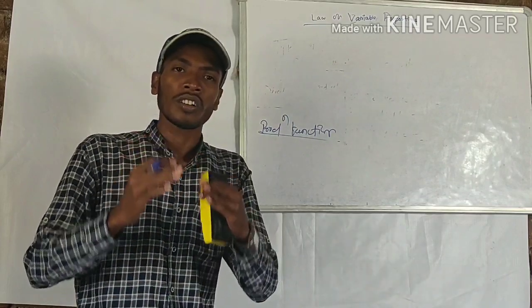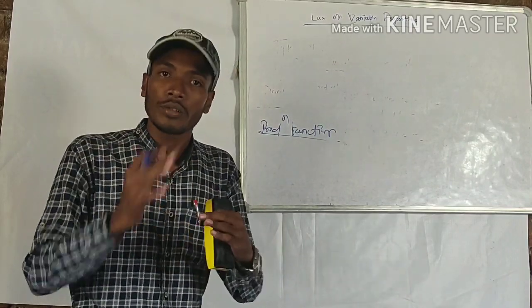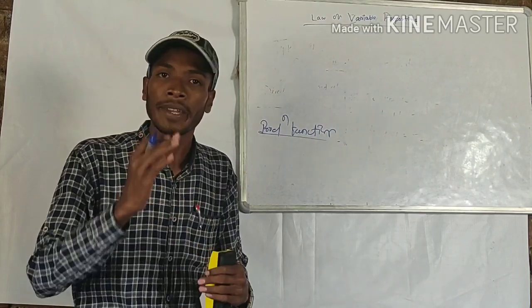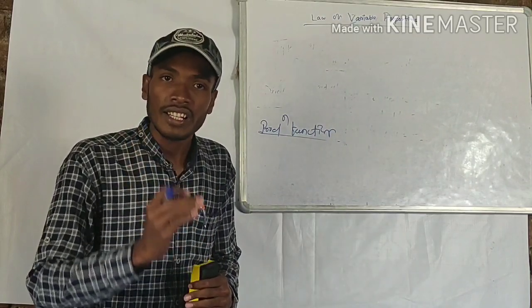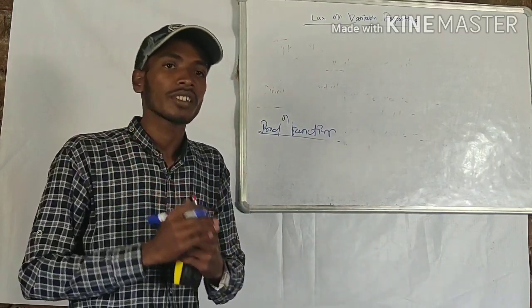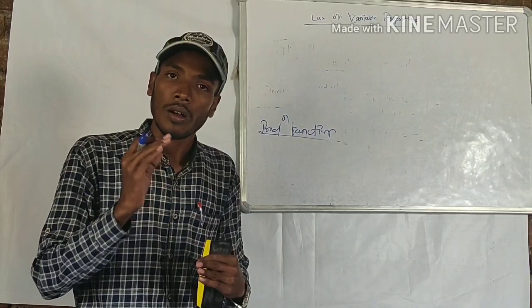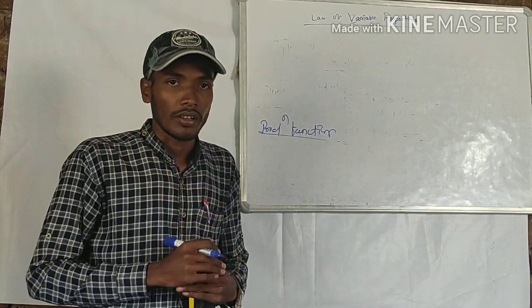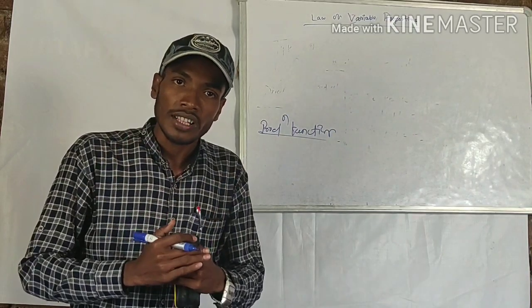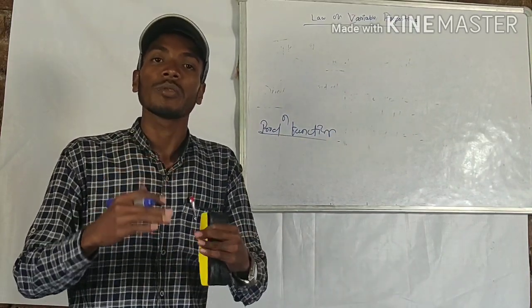First of all, we have to understand what the production function is. Production function depicts the technical relation of factor inputs and outputs.